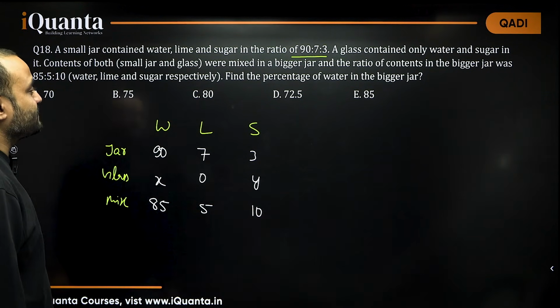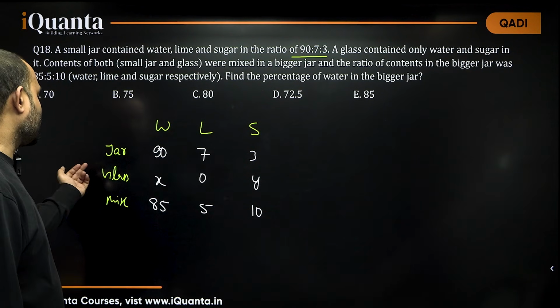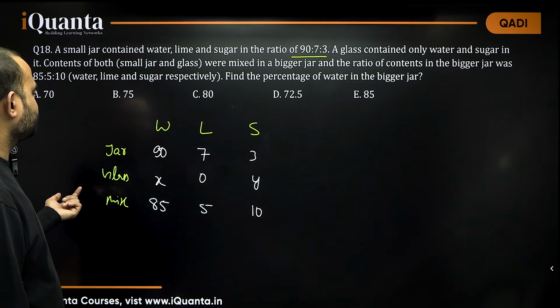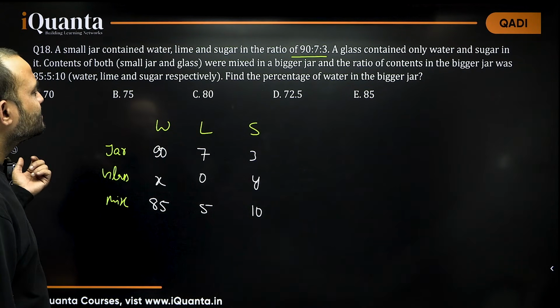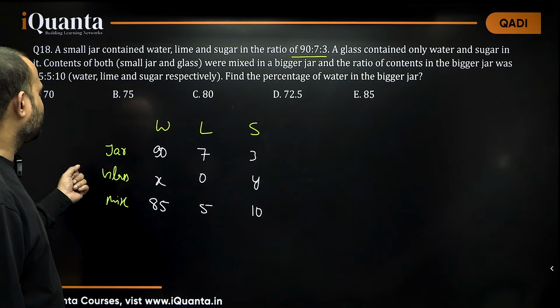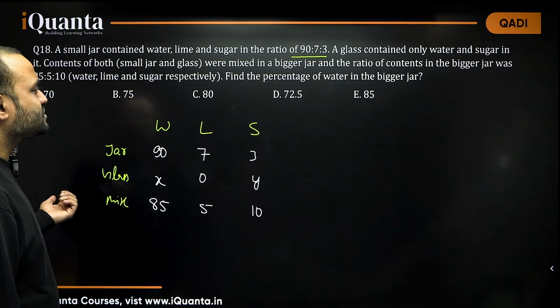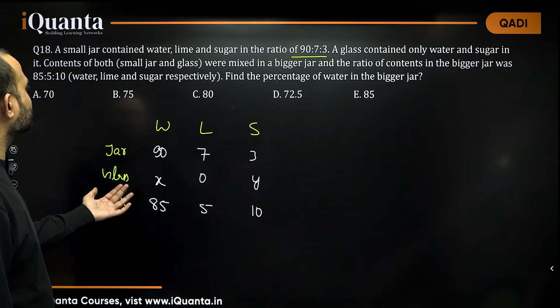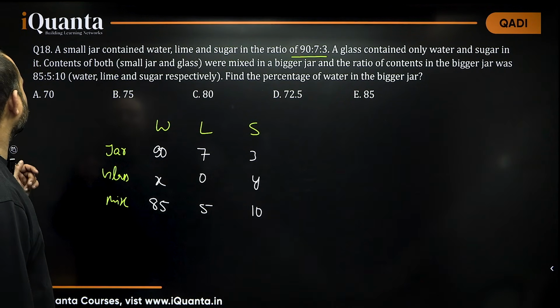The question is, find the percentage of water in the bigger jar. Which one is the bigger jar? I guess this one, right? So it's already given here, 85:5:10. The ratio of contents in the bigger jar was 85:5:10.